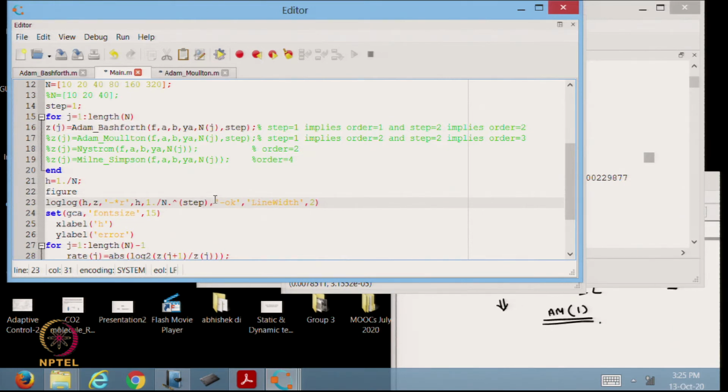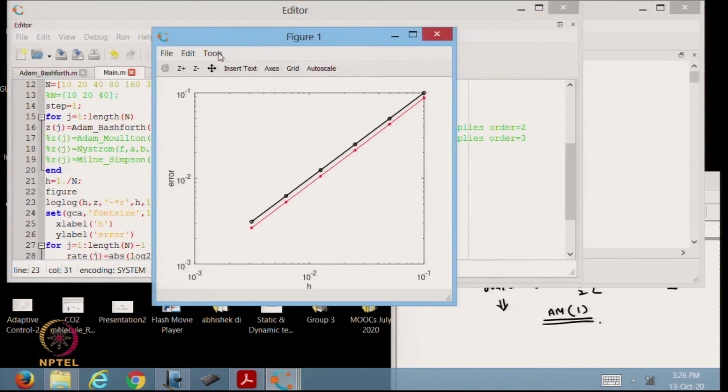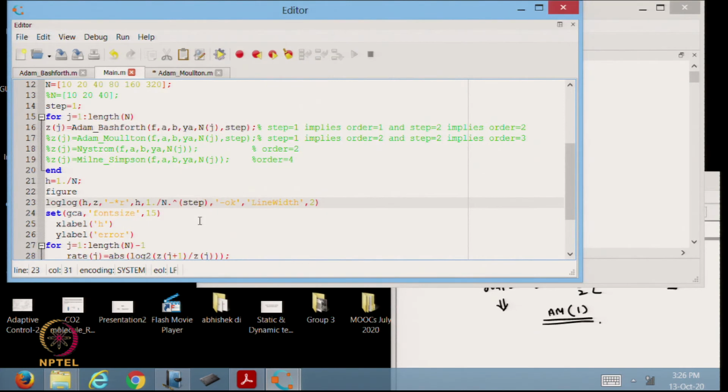Because if step is equal to 1, in case of Adams-Bashforth it is a first order method. So, the line should be parallel to the line h, okay. That is what you can see, and in fact that is why here I have written step plus 1 when I was choosing the Adams-Moulton formula.